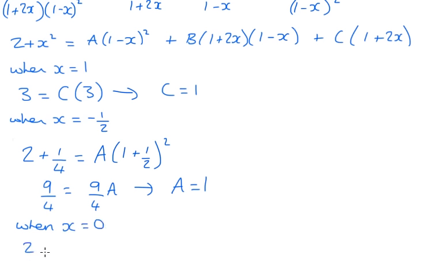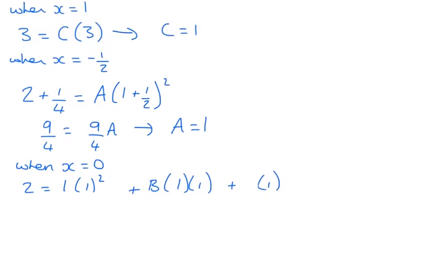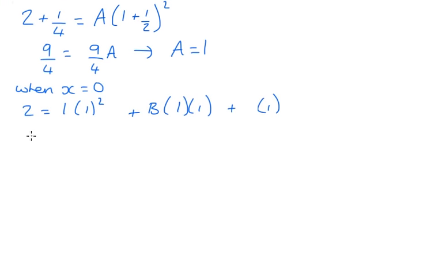So we're going to have 2 on the left equal, we now know that 1 is A, so 1 lot of 1 squared plus B lots of 1 times 1 plus C lots of 1. And we know that C is 1 as well. So that simplifies to 2 equals 1 plus B plus 1. So B is actually 0.